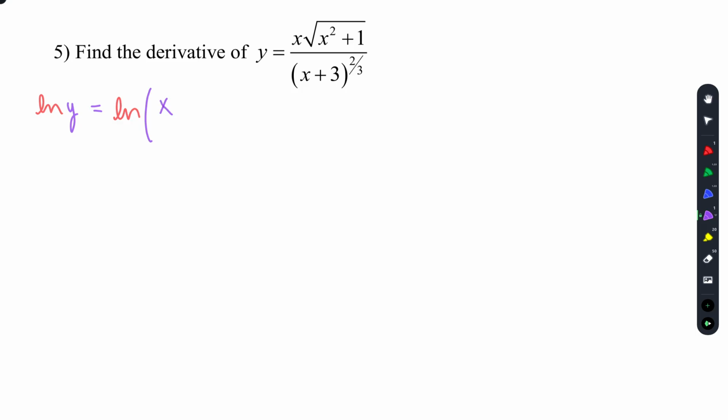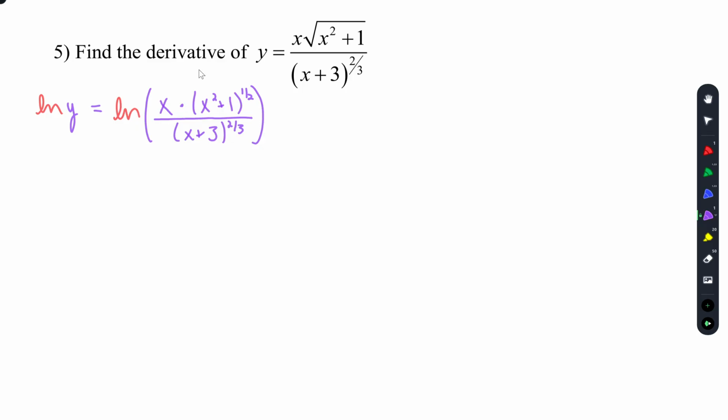I'm going to write it as x squared plus 1 to the half, all over this thing. And then you just carry down natural log y until you're ready for a derivative. So you don't do a derivative until a while. Most of the work is not doing derivatives, okay?